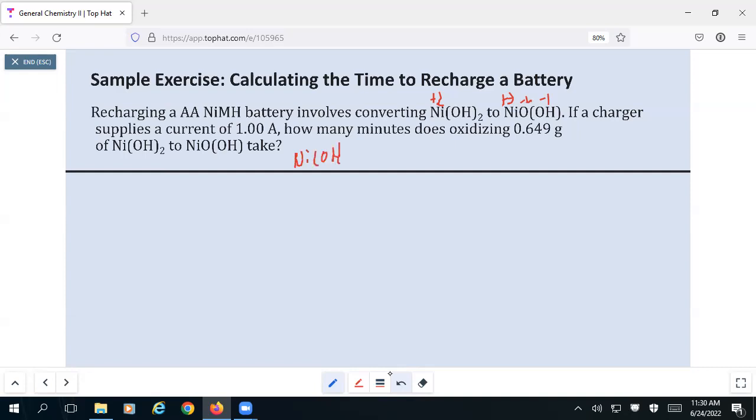The equation here is as follows. So that's the oxidation that's taking place.